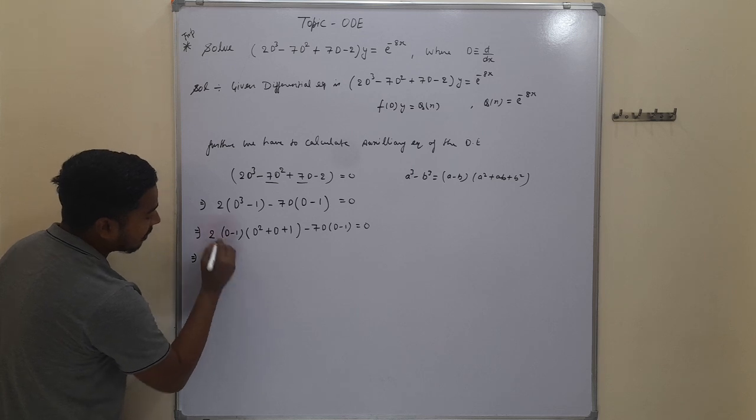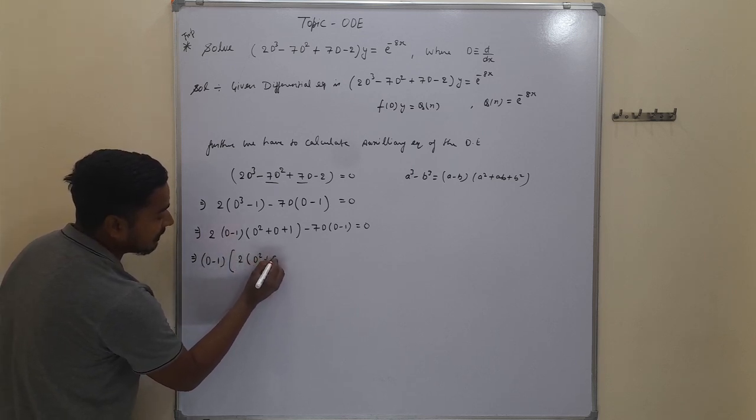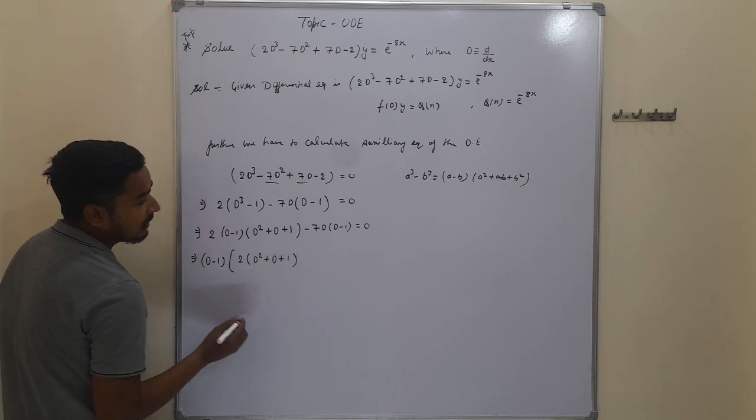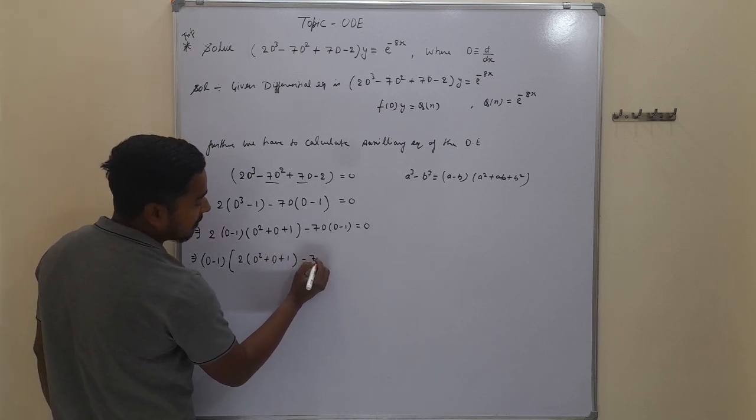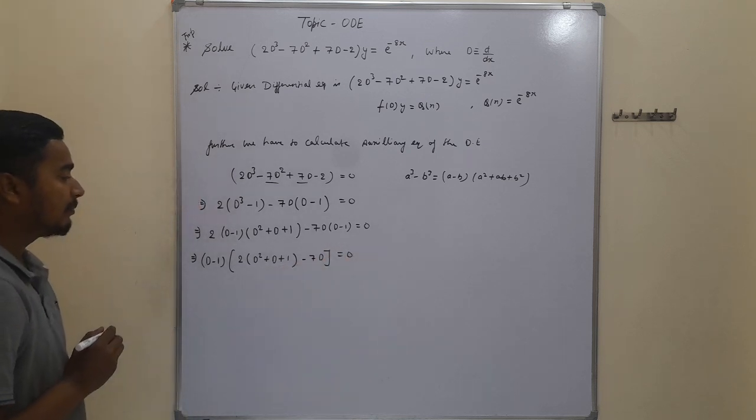This gives (D − 1)[2(D² + D + 1) − 7D] = 0. Further we have to solve.